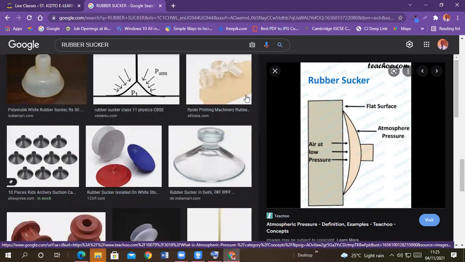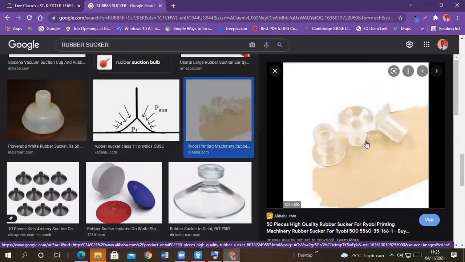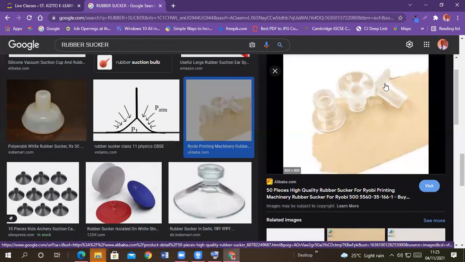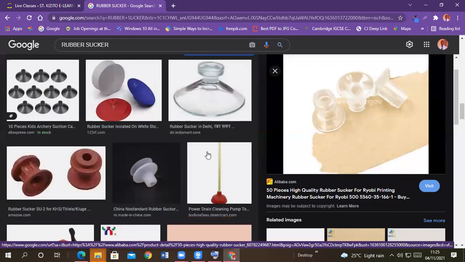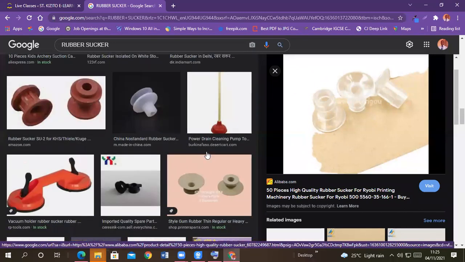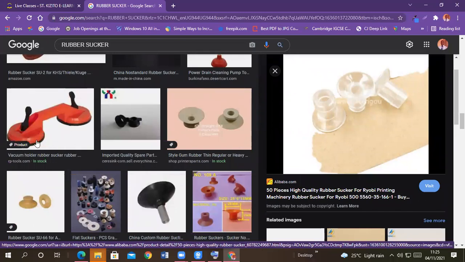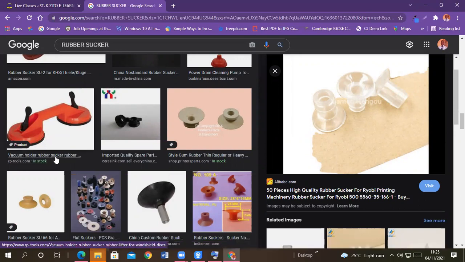So you can see this is the one they were talking about, printing machinery, for lifting papers. That's how it looks like. It is also used, we have this one here, but these are not rubbers. These are rubber suckers, vacuum holder rubber suckers. I think these ones are used for lifting glass.